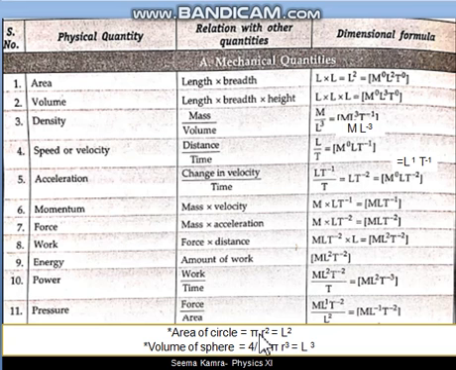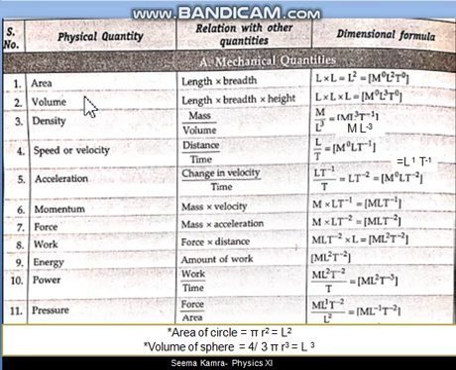Pi is just 3.14 something, so no unit, so this will be ignored and only r square will be considered. Each radius is measured as length, so we will write L power 2 finally. So you can see whether the area of a rectangle or the area of a circle, the answer of the dimensional formula is coming L square.